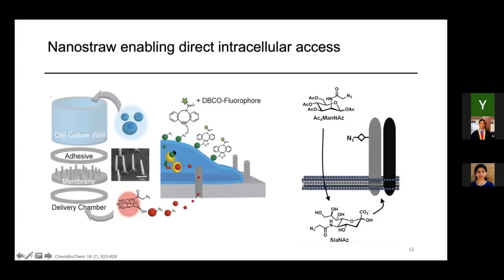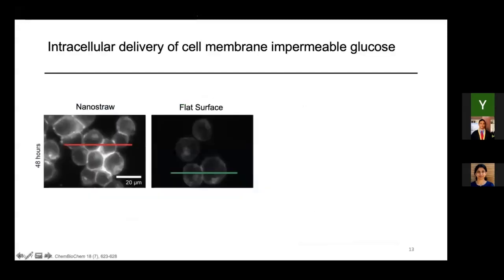So if there is enough delivery, we should be able to see fluorescence accumulation on the surface of the membrane. And indeed, our result shows that after 48 hours of incubation with the sugar, the cells cultured on the nanostraw show signal accumulation on the cell membrane, whereas the cells cultured on the flat surface didn't seem to have so much signal accumulation.